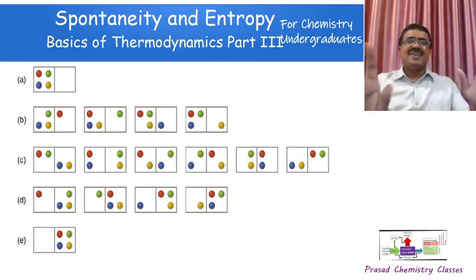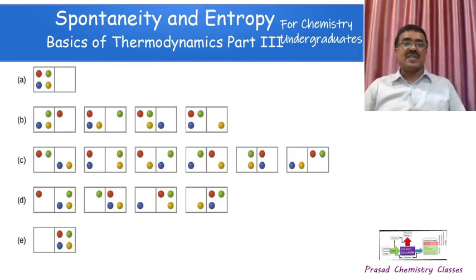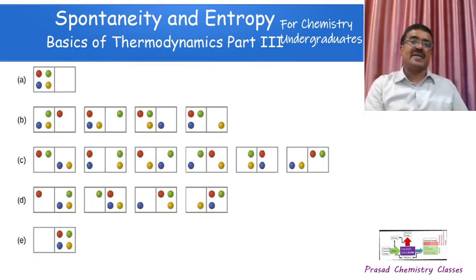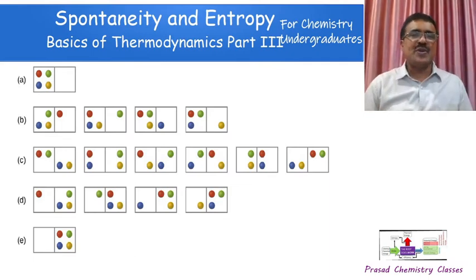We are not concerned about which position inside the box these balls occupy. We are concerned with the macro configuration, how many balls are in each box. So 2 balls in each box can be attained in a number of different ways. So we say that this is more probable, or this has more entropy than the other. That is one approach, and we are not going into details.